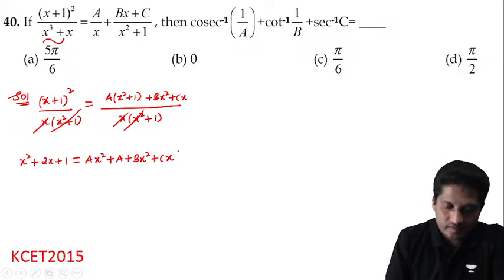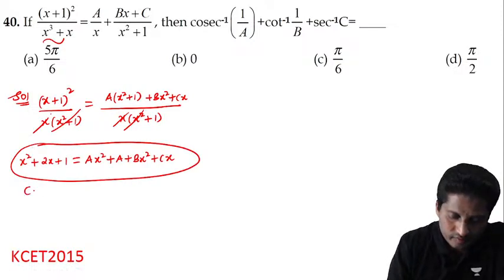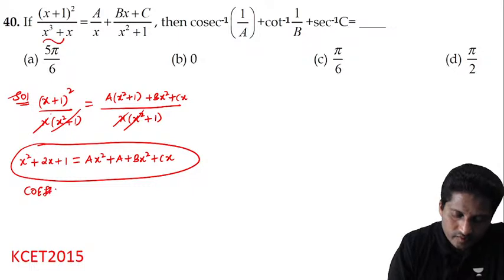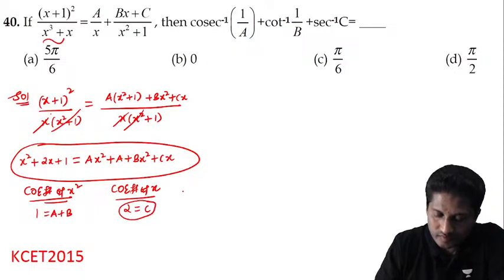Right, now if I equate, what is the coefficient of x square now? Coefficient of x square will be, left side 1, right side it is a plus b. Coefficient of x will be, left side 2, right side it will be c, so c is equal to 2.